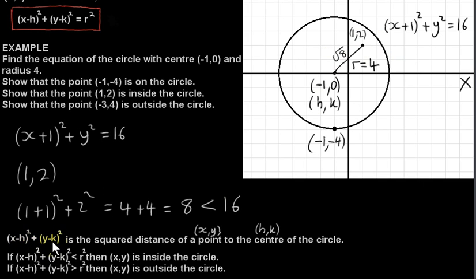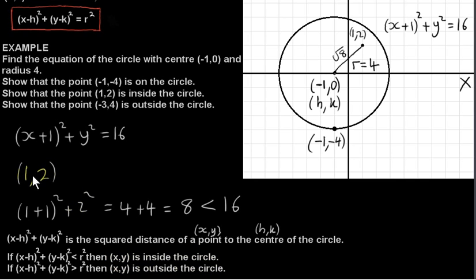In this square distance formula, (x, y) is the point that we're interested in, and (h, k) is the center of the circle. So we see that if the square distance, (x minus h) squared plus (y minus k) squared, is less than r squared, then the point (x, y) is inside the circle.